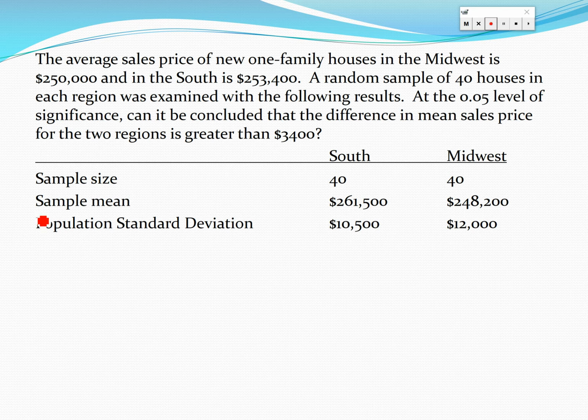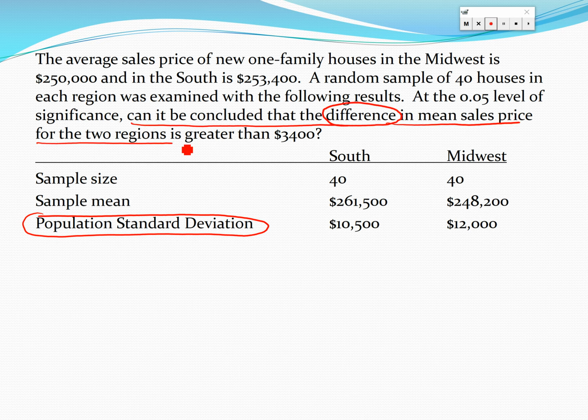So a couple of things with this one. First of all, how do I know I'm doing a z-test? Because I know the population standard deviation. This time it's given to me in a table. It's not up in the question itself, but it's in the table. So I am given population standard deviation. The difference between first example and this one, can it be concluded that the difference in mean sales price for the two regions is greater than $3,400?